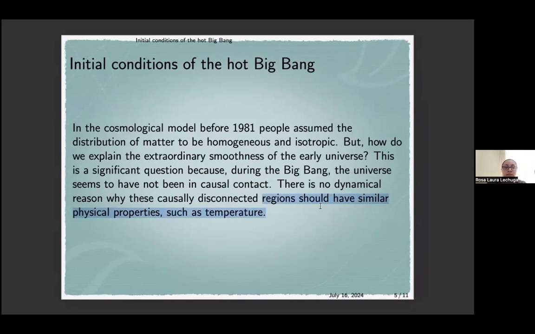But how to explain that the regions that we expect without causal contact have causal contact?